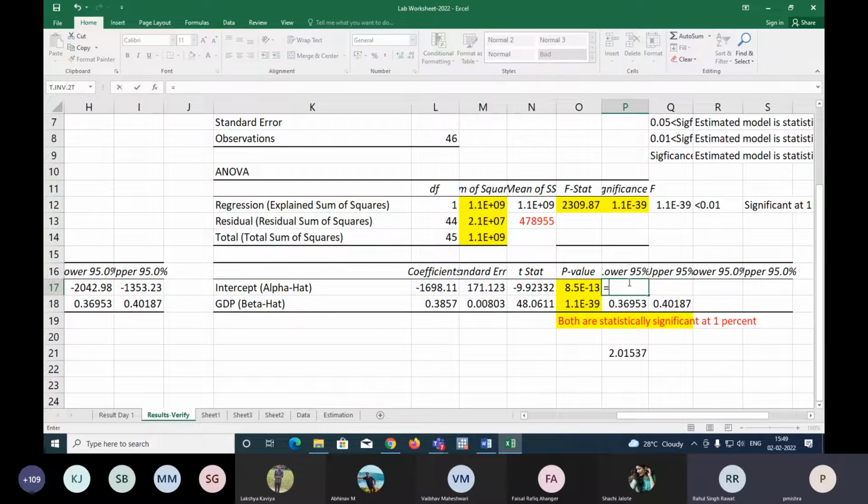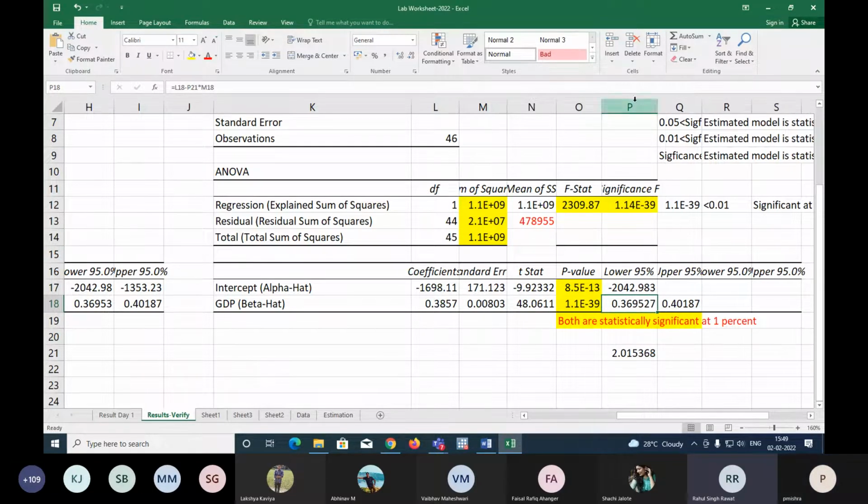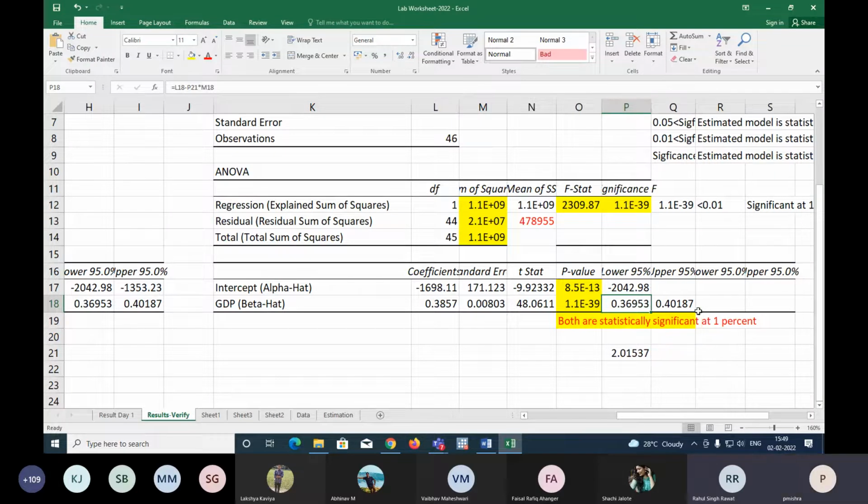Similarly for alpha also, this minus this into this standard error, and then here it is alpha plus this theoretical value into this standard error.